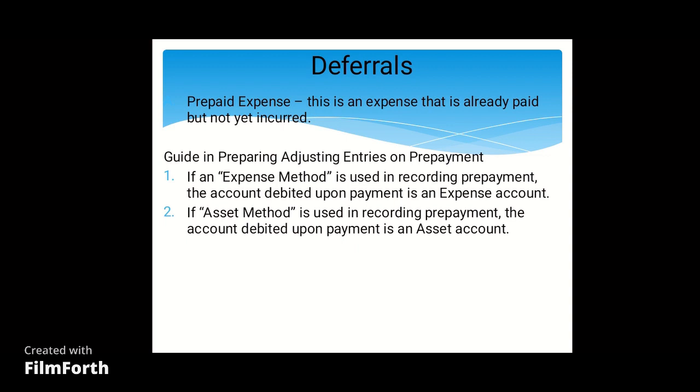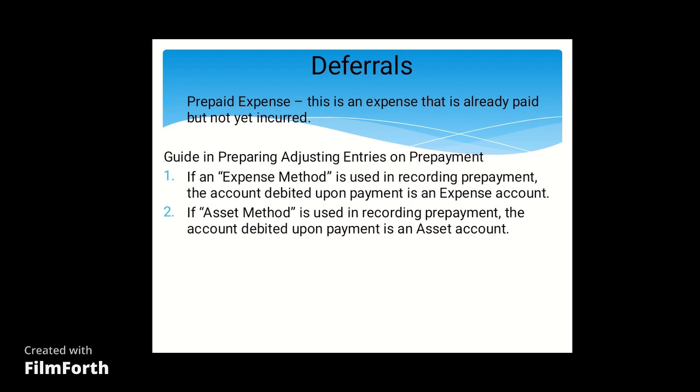So, a guide in preparing adjusting entries on prepayment. One, if the expense method is used in recording prepayment, the account debited upon payment is the expense account. In your adjusting entry, go for the opposite. Thus, credit the expense account and debit the asset account equivalent to the prepaid or unexpired portion of the prepayment.